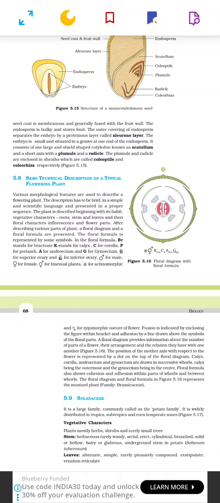There are 4 petals inside the calyx forming the corolla. There are 6 stamens, of which 4 are inside and 2 are outside, and there is a cruciform corolla, that is, the petals form an X shape. There is a bicarpellary ovary in which 2 locules are present.